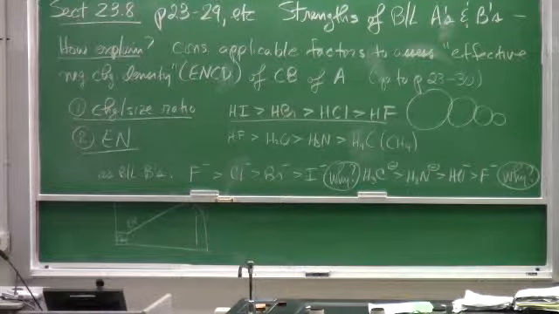Which of these four bases, based on electronegativity, should be the weakest, most stable base? Which one is derived from the atom of greatest electronegativity? Fluoride ion, isn't it?